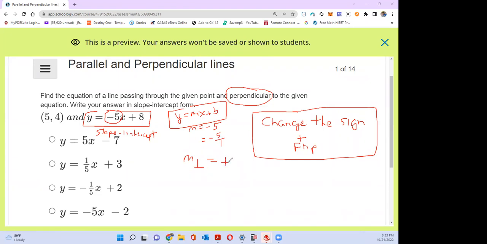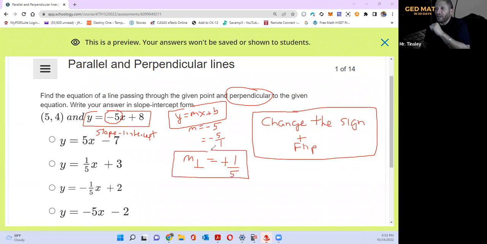Positive. Instead of being 5/1, I'm gonna change that to what? 1/5. So the slope of a line that's perpendicular is going to have a slope of 1/5. What is the only option that has a slope of 1/5 in this multiple choice? B. That's it.